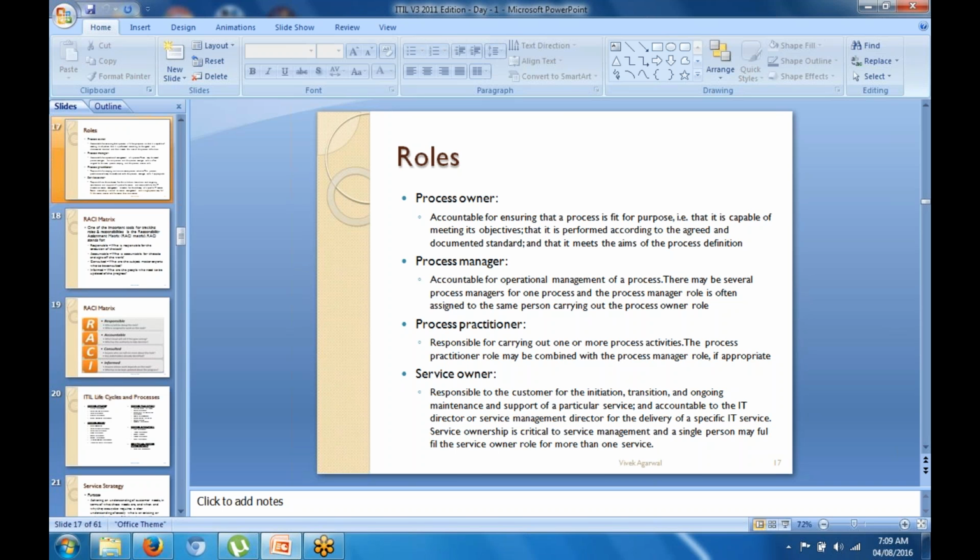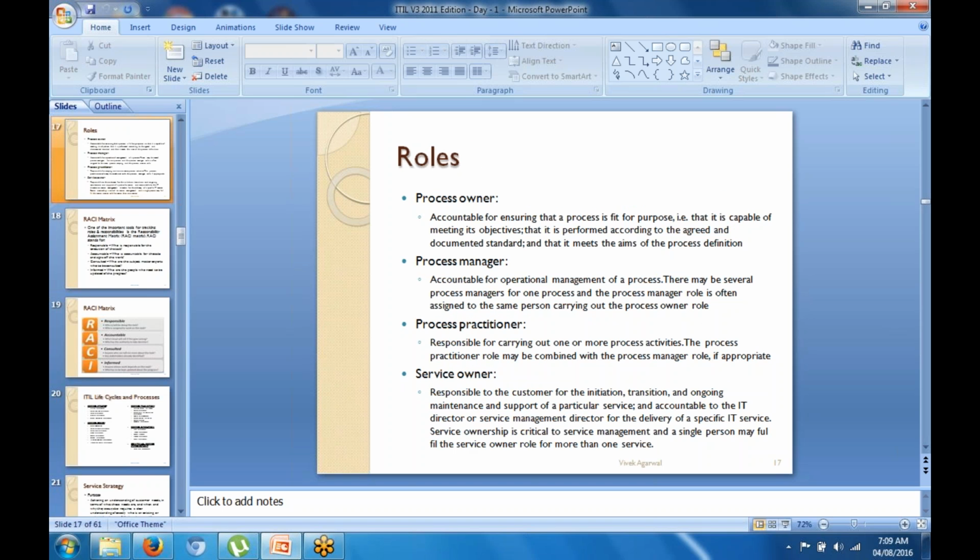Now, when we say offer a new process, or when we do a transition from on-site to offshore, we have some roles to play to make that project go live. So we have some role players: the process owner, the process manager, the process practitioner, and the service owner.